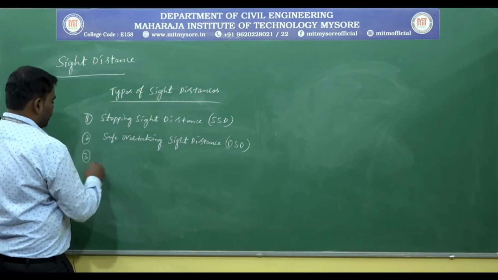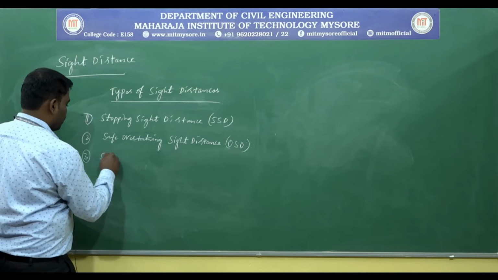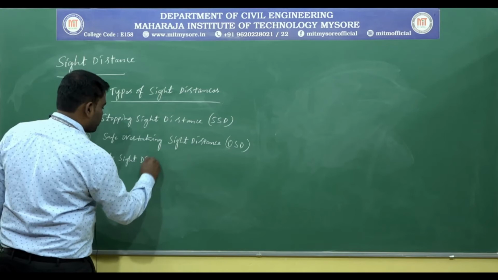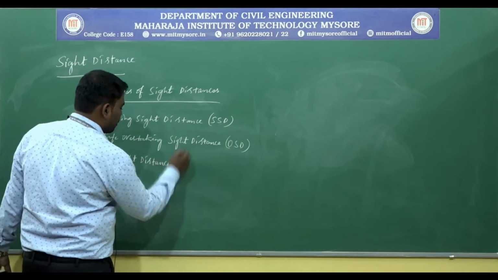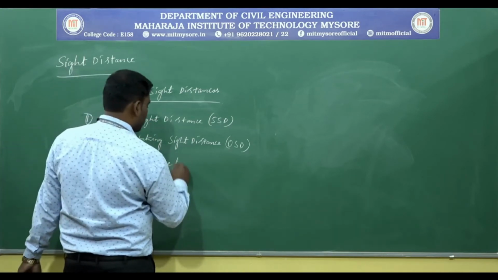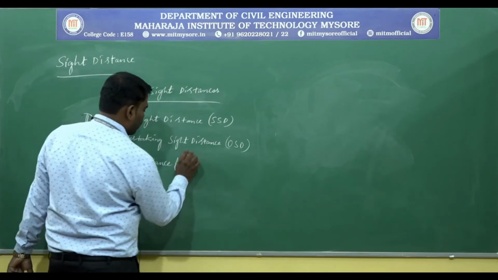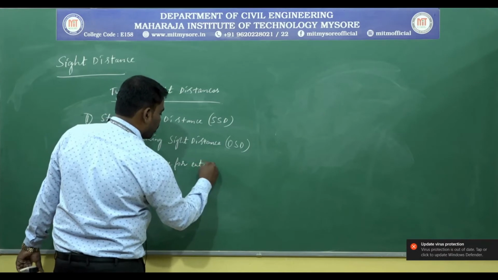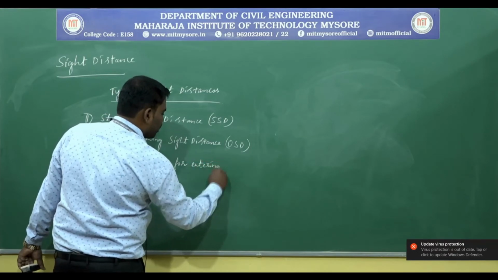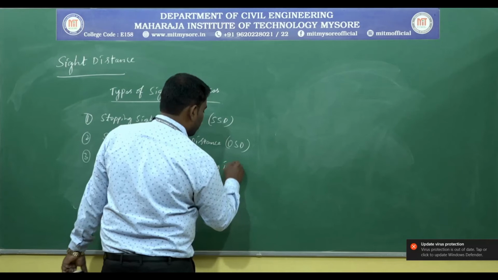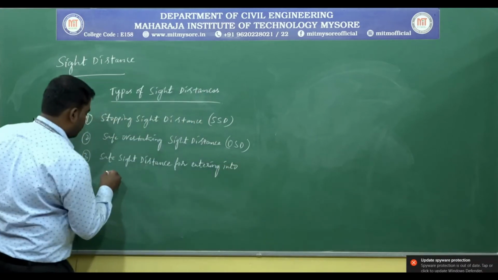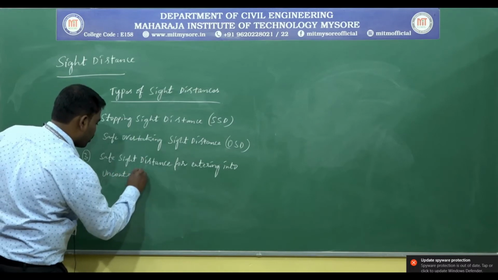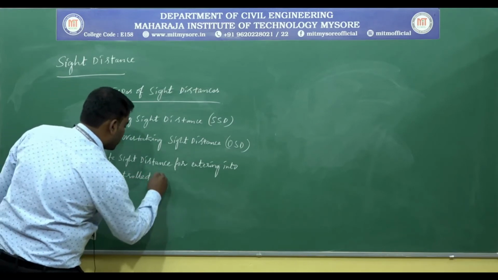And the third one is safe sight distance for entering into uncontrolled intersection.